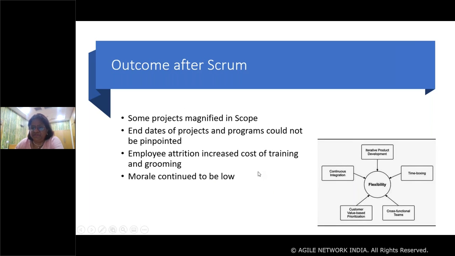But the result of this was that, though it was iterative development and there was flexibility and we time boxed it, some of the projects actually magnified in scope because things kept getting added to the backlog, and it was very difficult to pinpoint the end dates of some of the projects and programs.